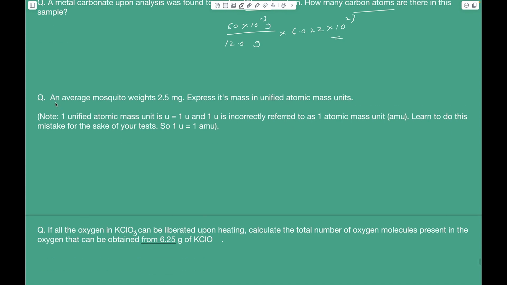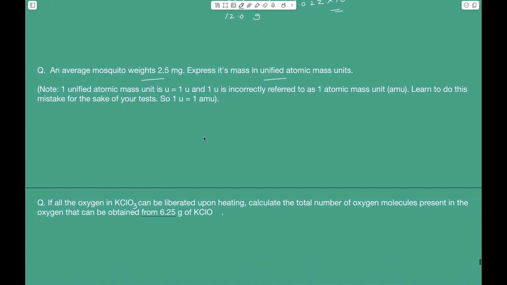In the next question, we are asked to express the mass of a mosquito in unified atomic mass units. And I think we can do that. But remember, unified atomic mass unit is incorrectly referred to as one atomic mass unit in many textbooks. So you have to learn to do this mistake for the sake of your tests. 1 U is not actually equal to 1 AMU.